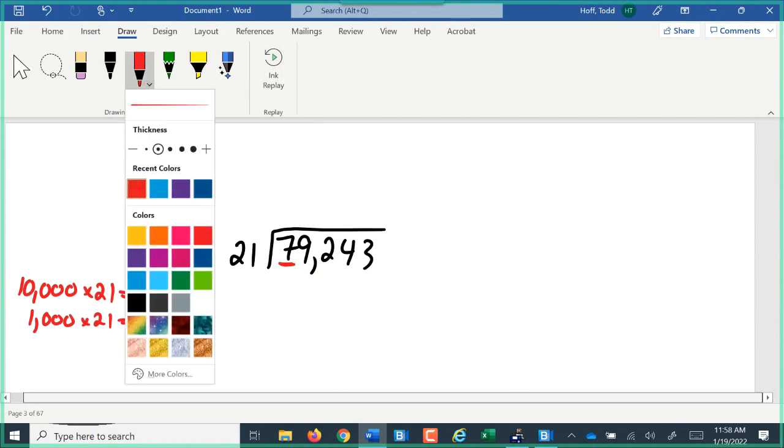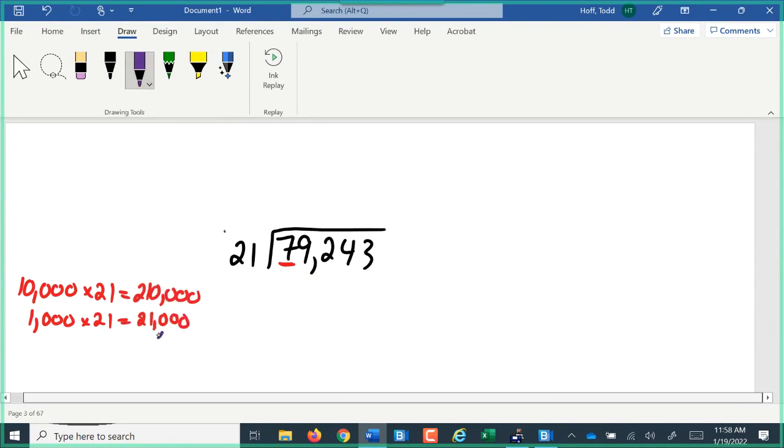That I can subtract. In fact, I can subtract it more than once. 21,000 times 3 could be 63,000. Now, I could have subtracted 21,000 over and over again, but by multiplying it by 3, it allowed me to subtract it 3 times all at once. So I subtract, I got 16,243.